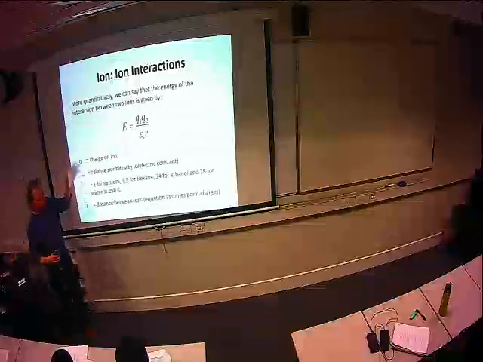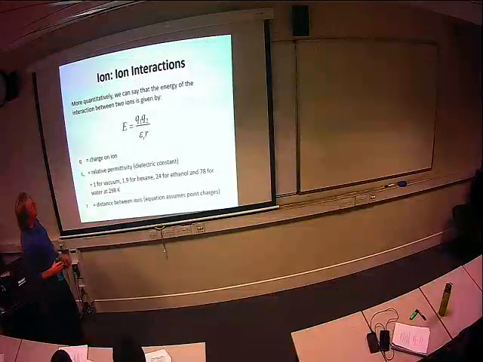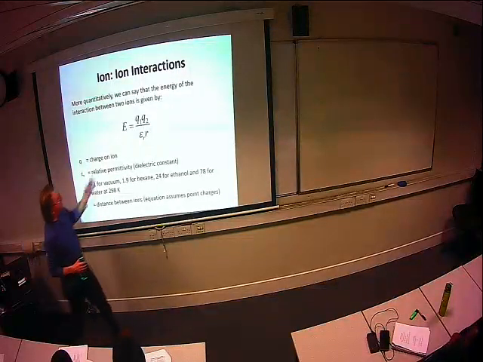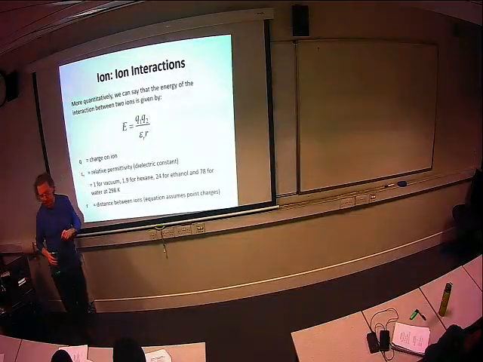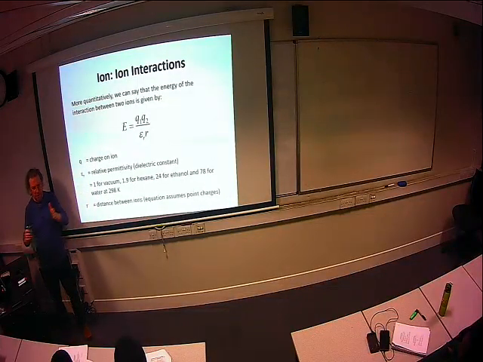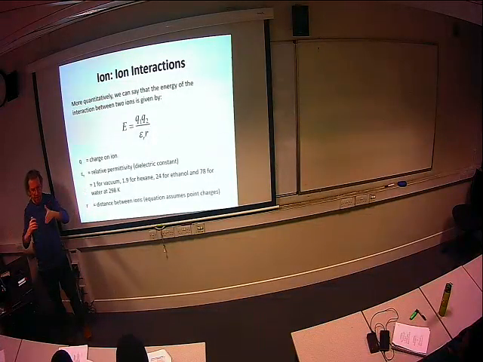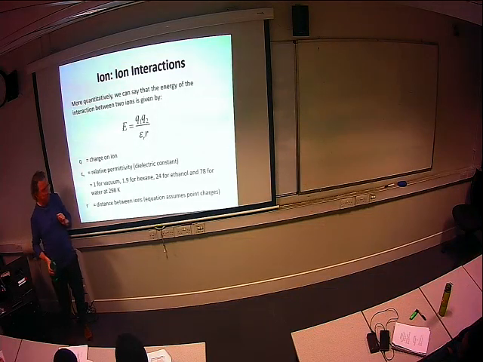So here's the equation that describes the interaction of ions that comes out of Coulomb's law. The energy of the interaction, so this is going to be, when the ions come together, usually we're thinking about ions of opposite charges coming together, and that's lowering the energy of the system.